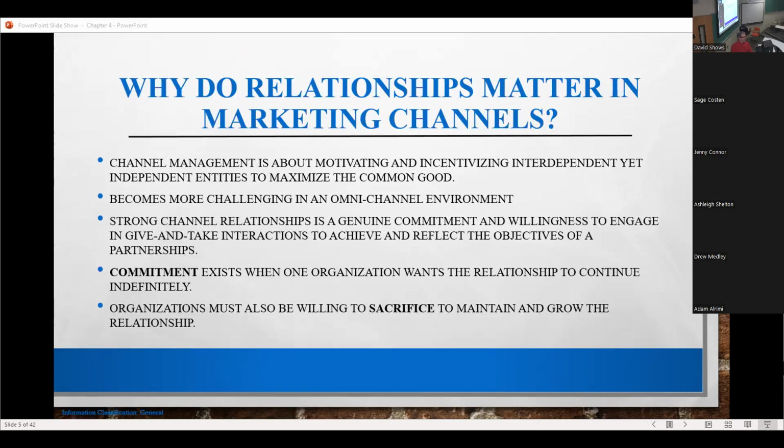And this becomes even more challenging in an omni-channel environment, especially when you consider so much power in the omni-channel environment area. Successful channel relationships need to function as a single shared interest, as if you're both in business together.